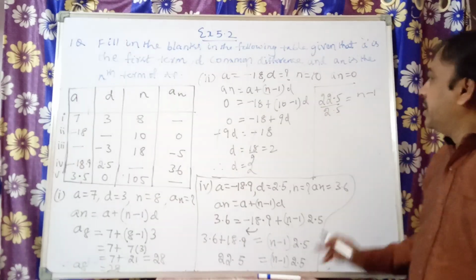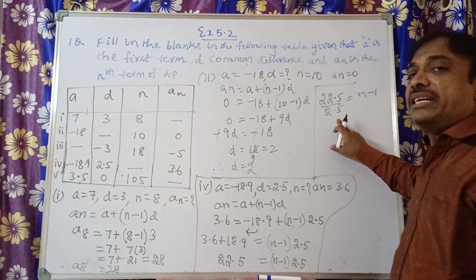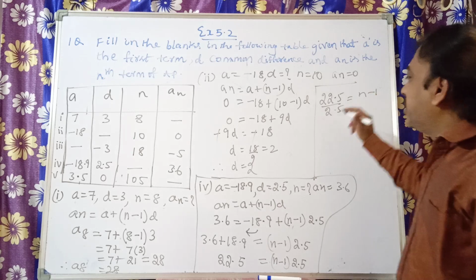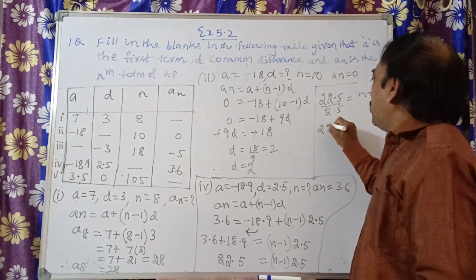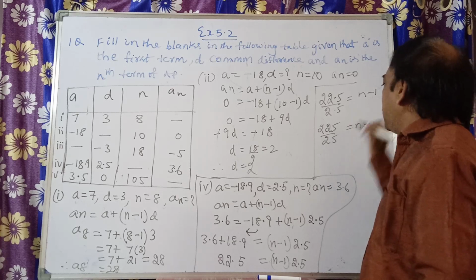Now you see, both numerator and denominator have the same number of decimal places, so you can remove the decimal point. Now 225 by 25, which is equal to n minus 1.